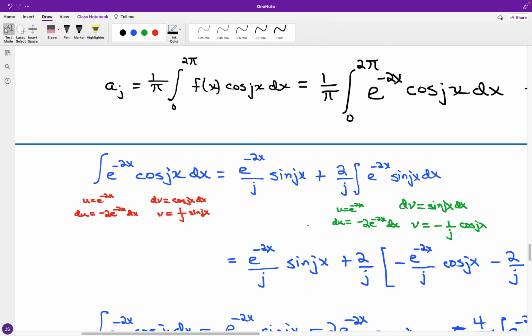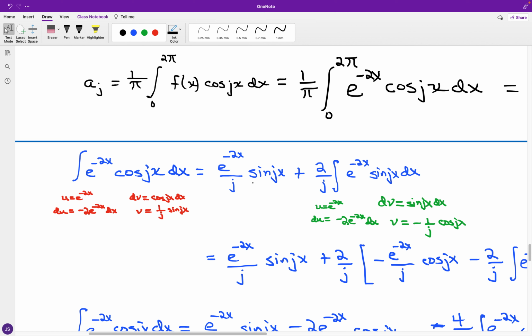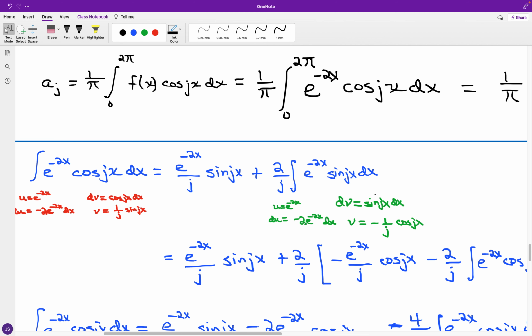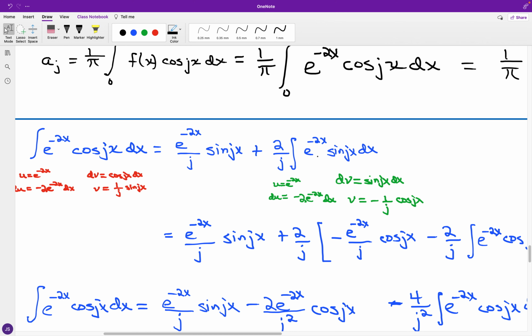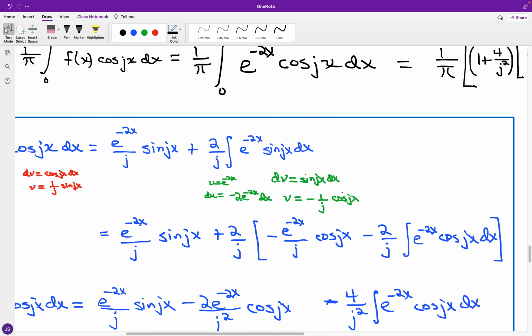And following through, we've got the uv combination minus the integral of v du, and this will translate over to addition. Repeating the integration by parts, inside the integrand we have u equal to e to the negative 2x, the differential is negative 2e to the negative 2x dx, dv is the sine of jx, and the antiderivative is minus 1 over j cosine of jx.